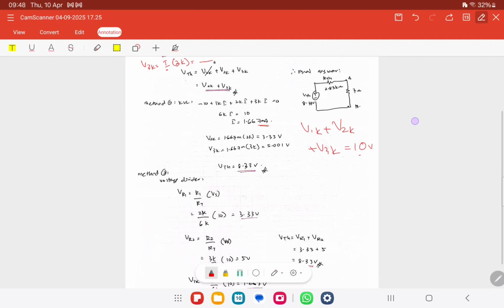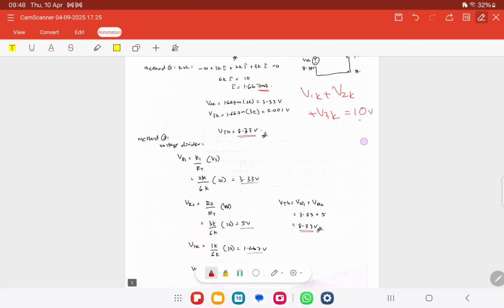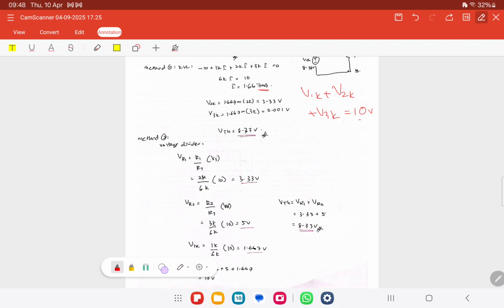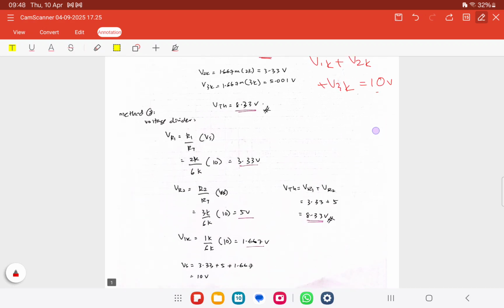Okay. Second method, if you want to use the voltage divider, ada yang buat guna voltage divider? Mukris, dapat berapa? VTH 8.333. Okay, samalah. So this one is when you use voltage divider rule. VR1, R1 over R total darab dengan supply.